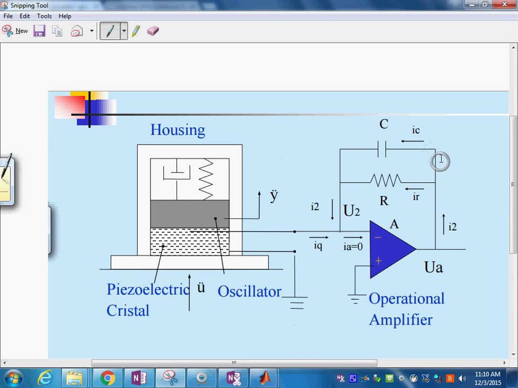We need to measure the voltage over here to be able to relate to this input, as I mentioned a moment ago. So we could put here a step input and find out what this is, but we are going to take a whole different route right now.